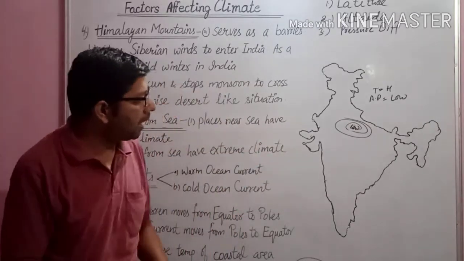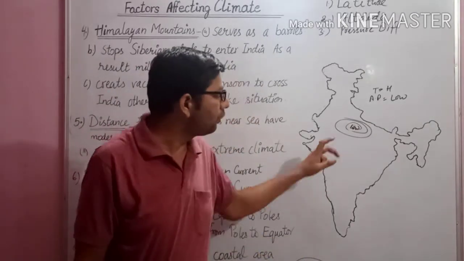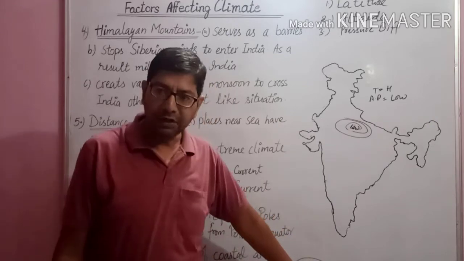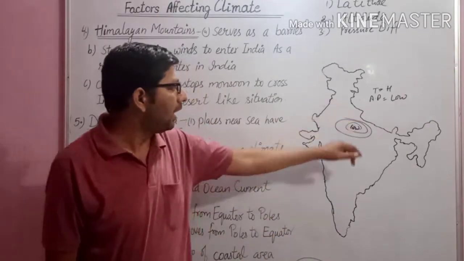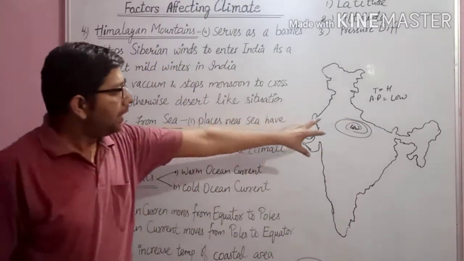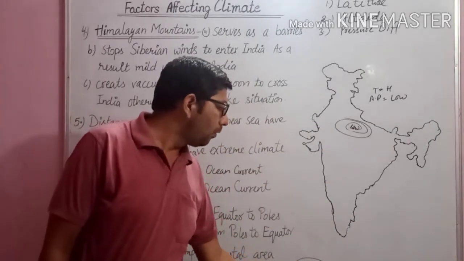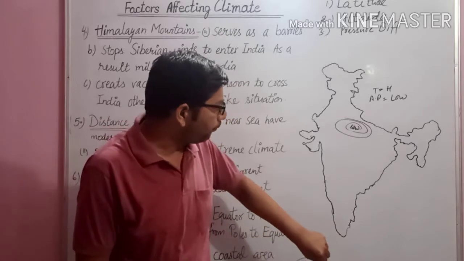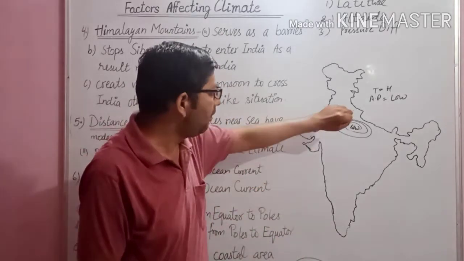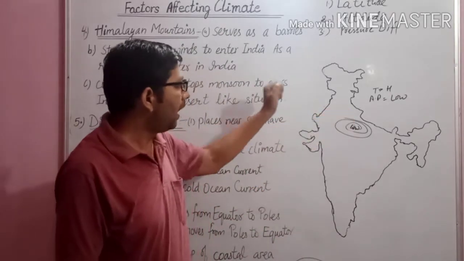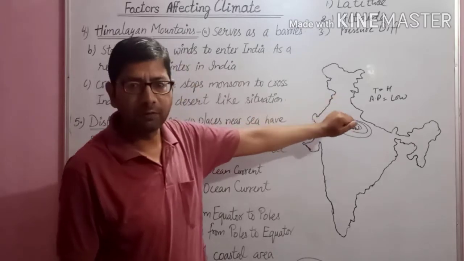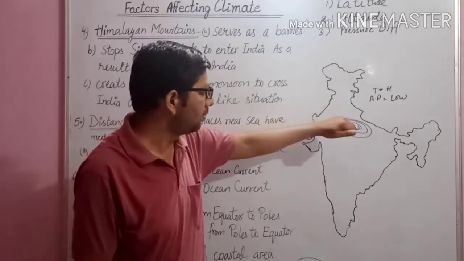So the wind starts moving from the high pressure area, that is the Indian Ocean, to the low pressure area, that is the Indian landmass. When these winds move above the sea, they hold moisture, and when they reach here, they find obstacles, different kinds of relief, mountains and plateaus.